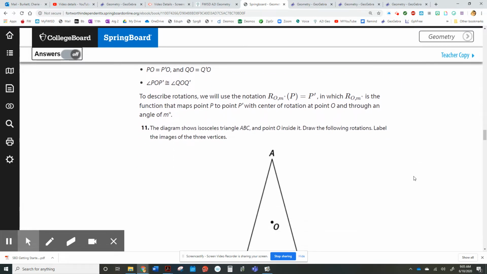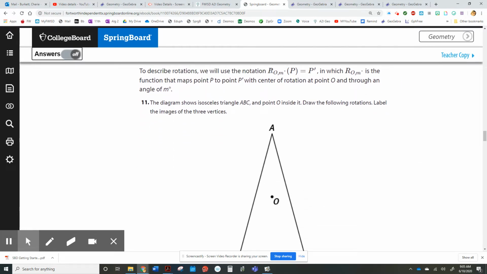Okay, so let's get to the notation. Remember, translations were a capital T with numbers down here, let's say 2 and 0. That means that I'm going to translate it or shift it 2 units to the right and up 0.